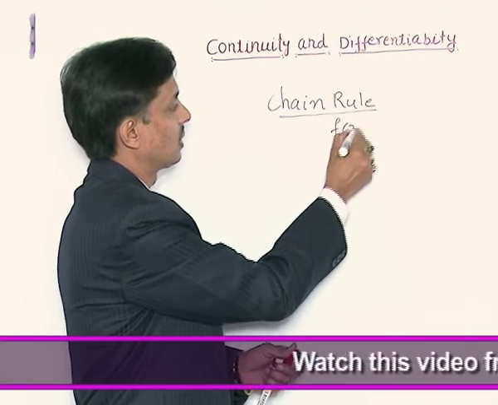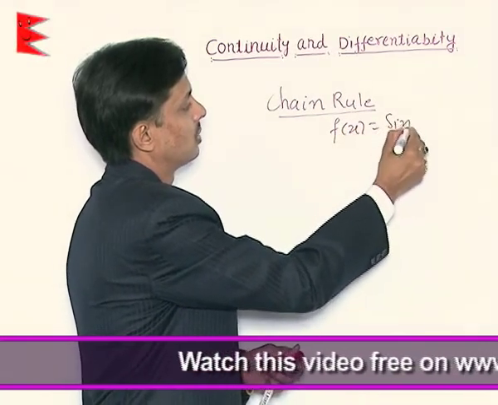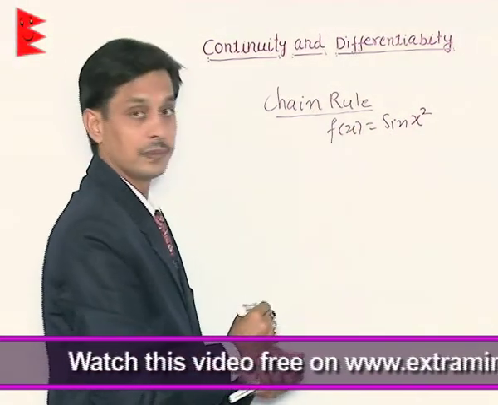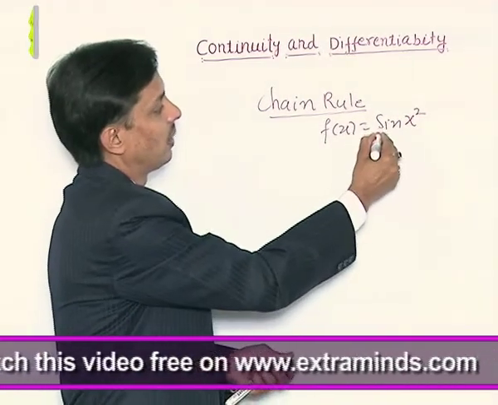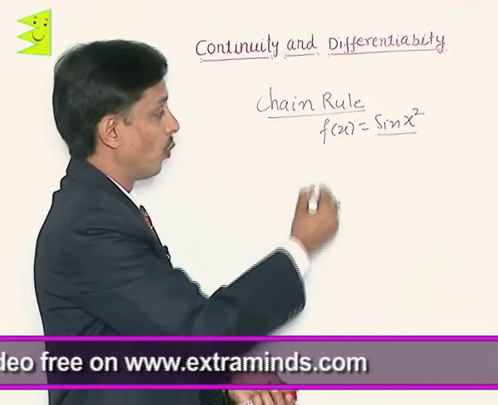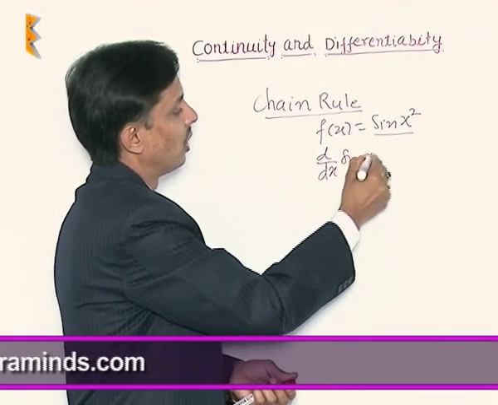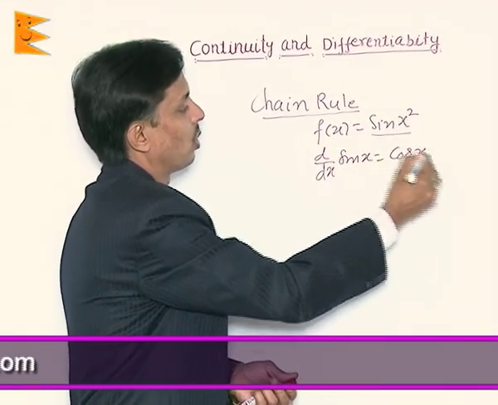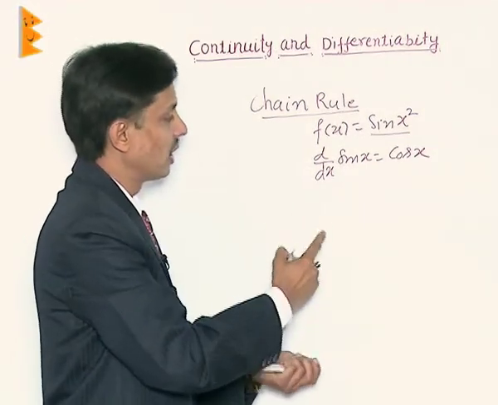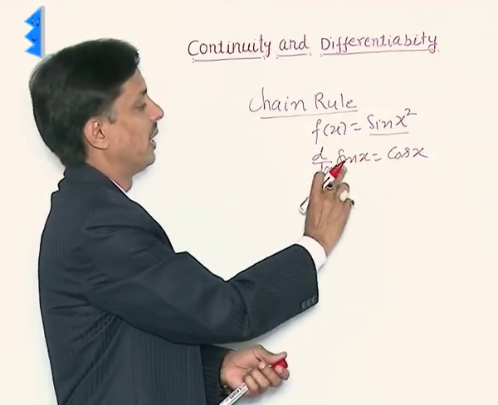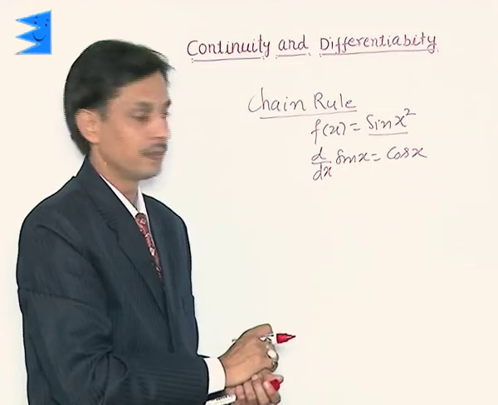Suppose there is a function f(x) given by sine of x square. To find the differentiation of this, we know that the derivative of only sin x is cos x. But here we want to find the derivative of sin x square.